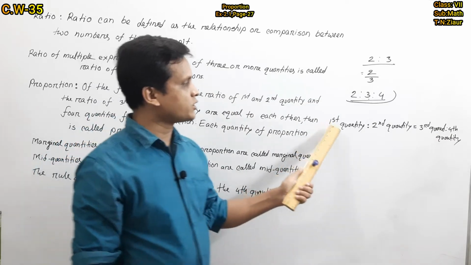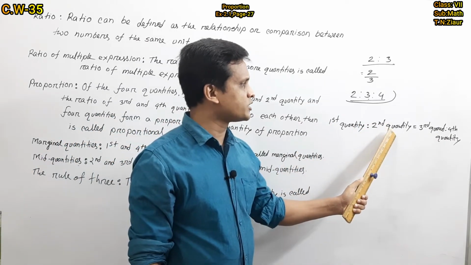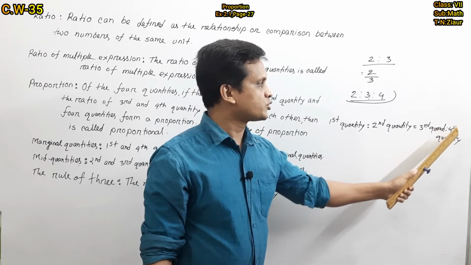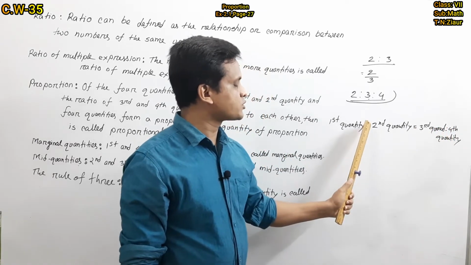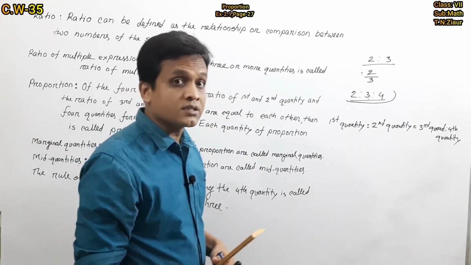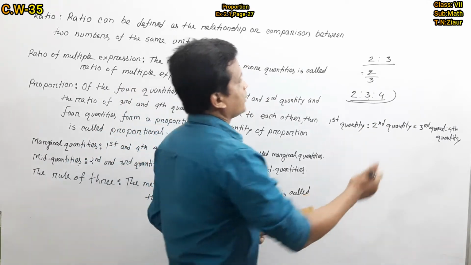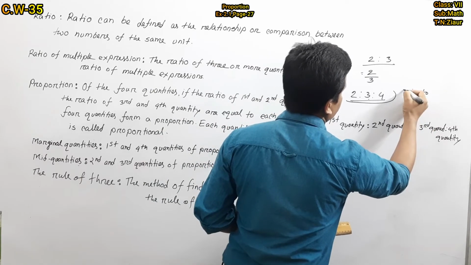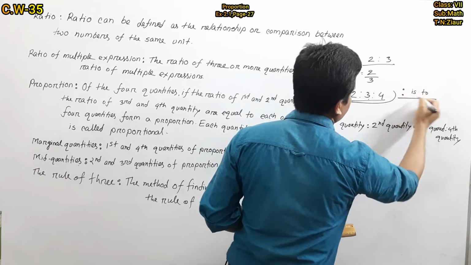Okay students, first quantity is to second quantity equals third quantity is to fourth quantity. This symbol is called is to, or colon. This one is a colon, and we have to read it like this, is to. Someone may read 2:3 as 2 to 3, that means 2:3. So we can read it like this.